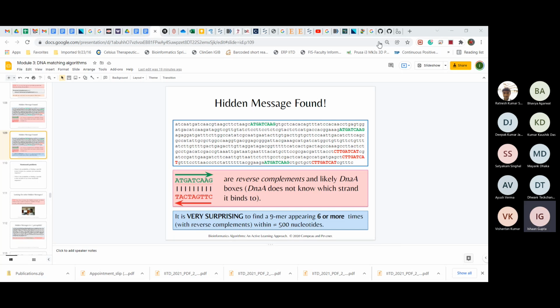The way that I have designed the course, earlier I used to teach databases and their organization before going into algorithms like the DNA pattern matching algorithm. But I got feedback from students that it was too much of databases and it was becoming boring.